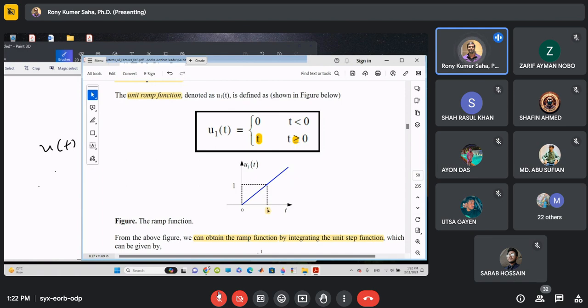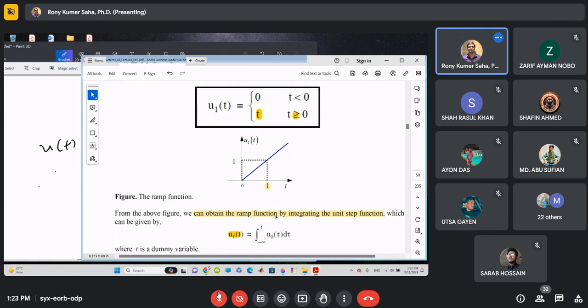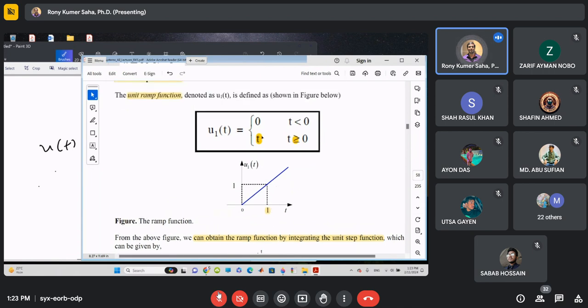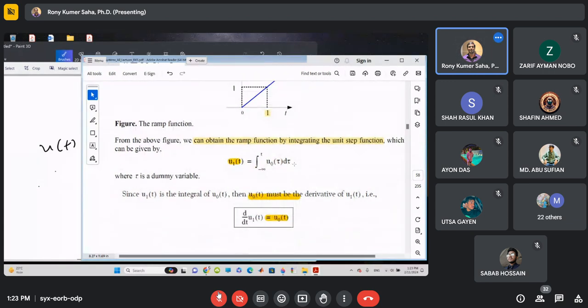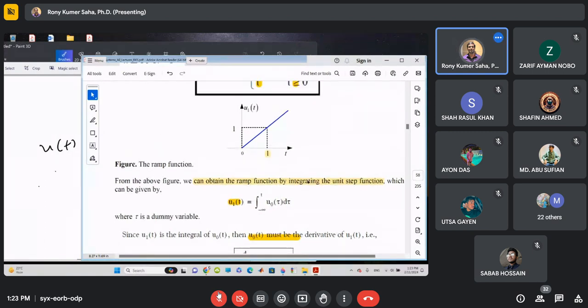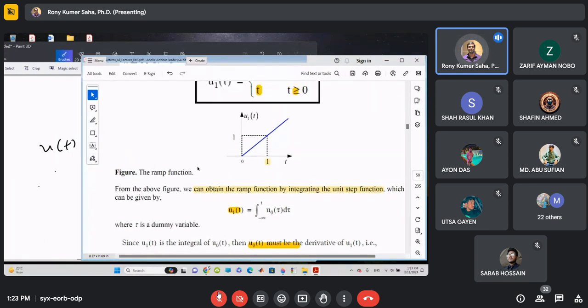If it is a unit ramp, at t equal to 1 it should be 1. So this unit ramp, from 0 onward it has values.